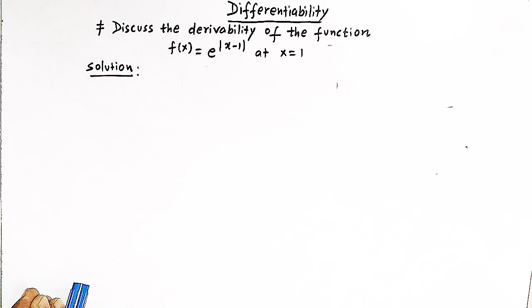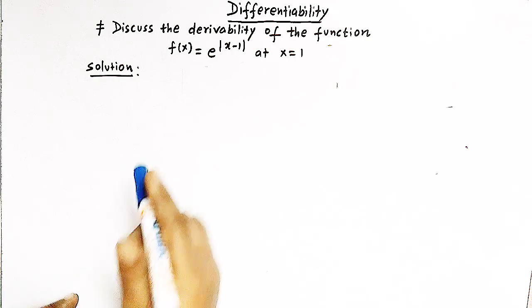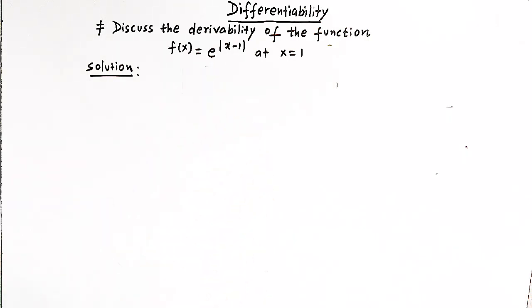So let us first find out the right hand derivative and the left hand derivative of this function at x is equal to 1, and then we'll draw the conclusion regarding the differentiability of this function at x is equal to 1. So let us start.